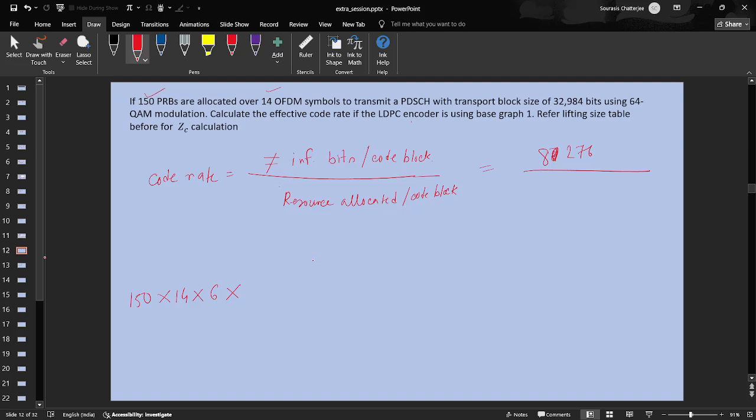The number of resource elements per PRB, that is 12 subcarriers. Into 12. Sir, here the DMRS overhead will not be taken care of. Yeah, that's true, but 3 should be reserved for DMRS, so into 9.